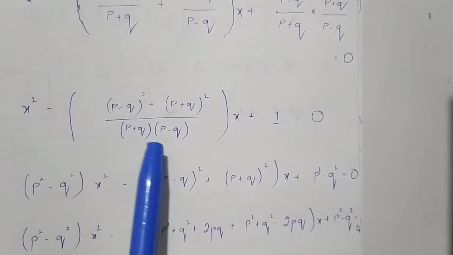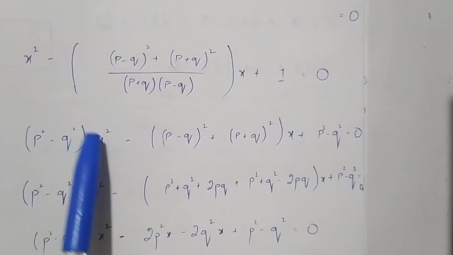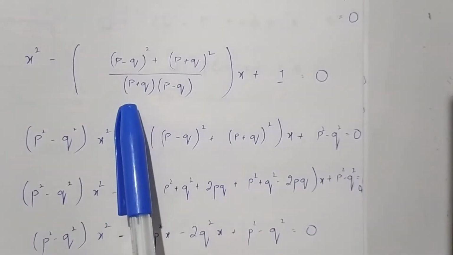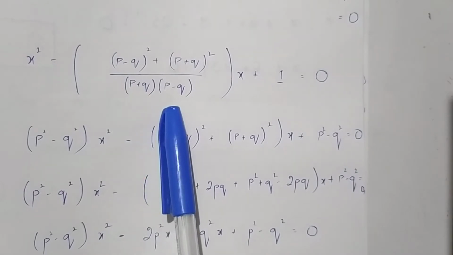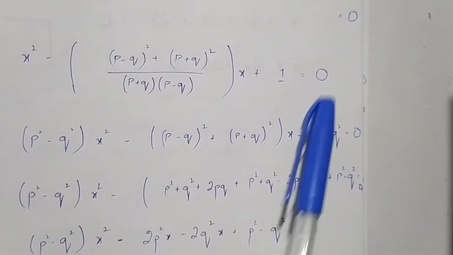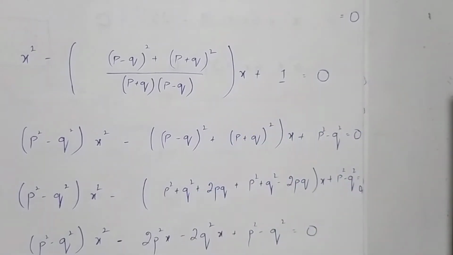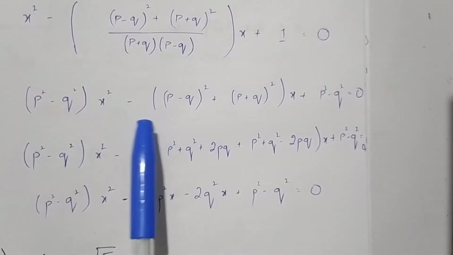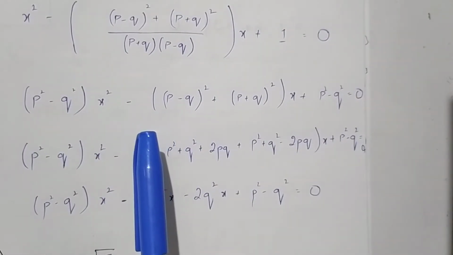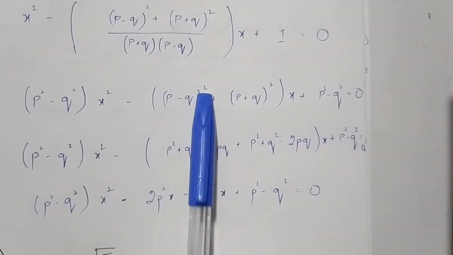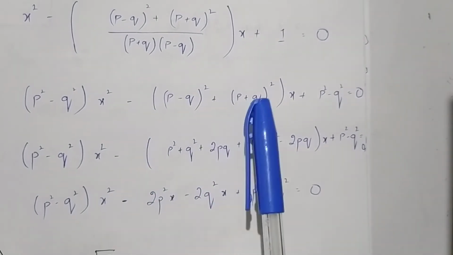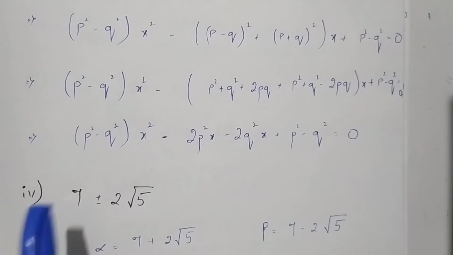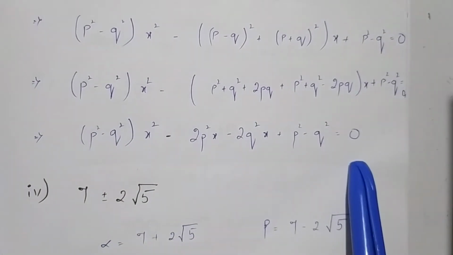On taking (p plus q) and (p minus q) as LCM, the denominator is sent to the right hand side, which is multiplied by 0, and the result is also 0. On applying the (a minus b) whole square formula and (a plus b) whole square formula, we will get the answer like this.